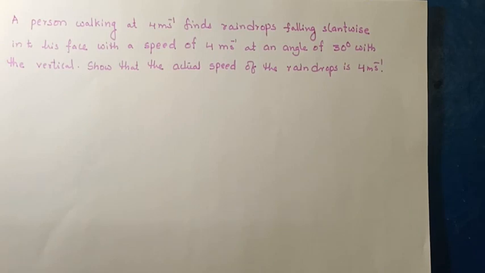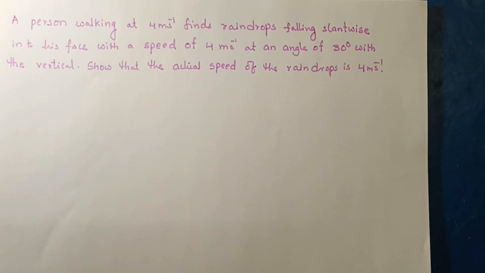Now a problem. A person walking at 4 meters per second finds raindrops falling slantwise into his face with a speed of 4 meters per second at an angle of 30 degrees with the vertical.